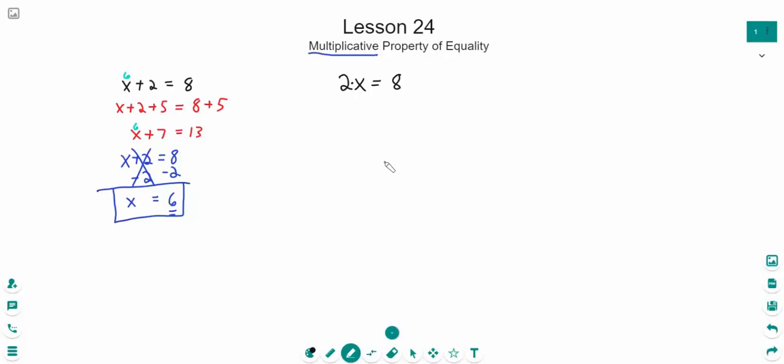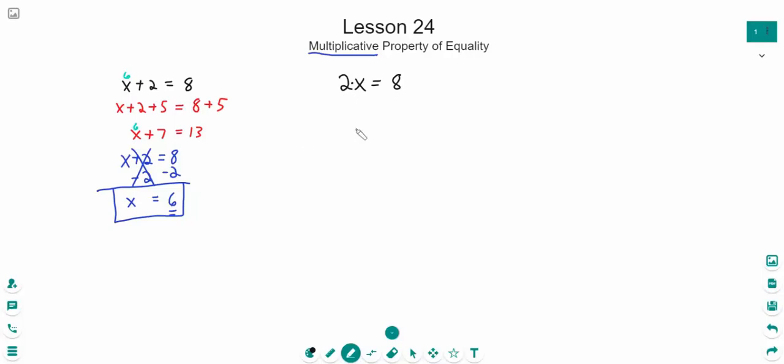In other words, what's the process that we would use to undo multiplication? And the answer is division, right? The opposite of multiplication is division. So here, if we're trying to undo this multiplication, we're going to use division to do that.